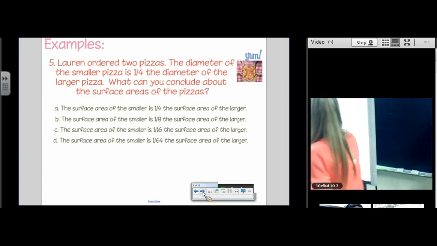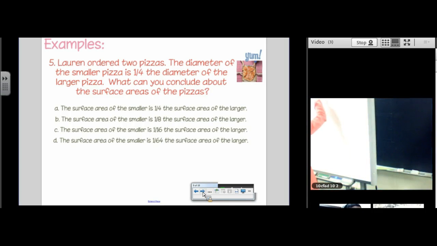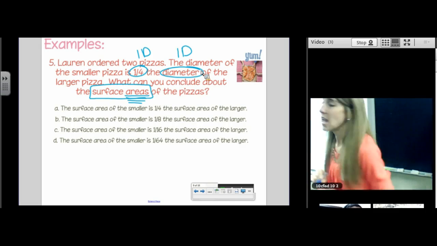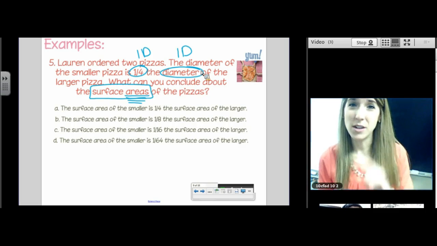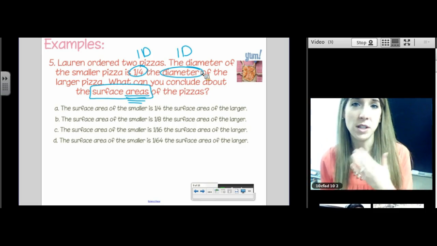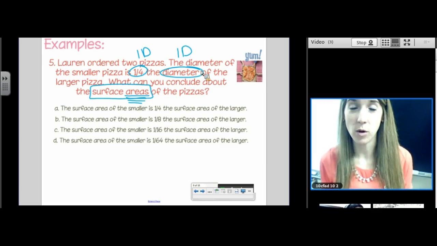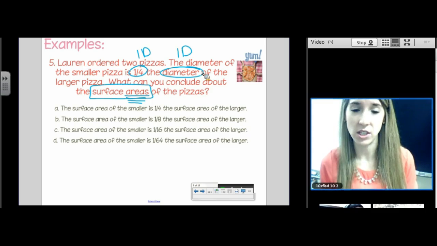So, diameter is 1D. It's asking about the surface area. Keyword is area. If you take the diameter and divide it by 4, what are you supposed to do to the area of the pizza? Not divide it by 4 like in the warm-up. Remember, you couldn't just divide the area by 2.